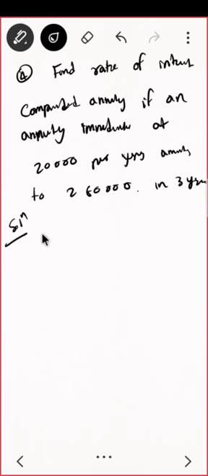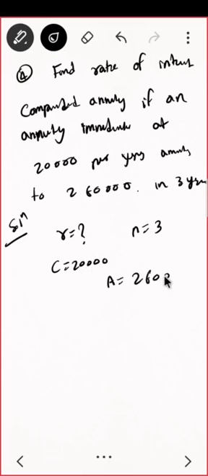Tell me what are the things given and what you have to calculate. You are supposed to find the value of R, correct? What are the things given to you? Correct. C is equal to 20,000 and E equal to 2,60,000. Very nice. Which formula?